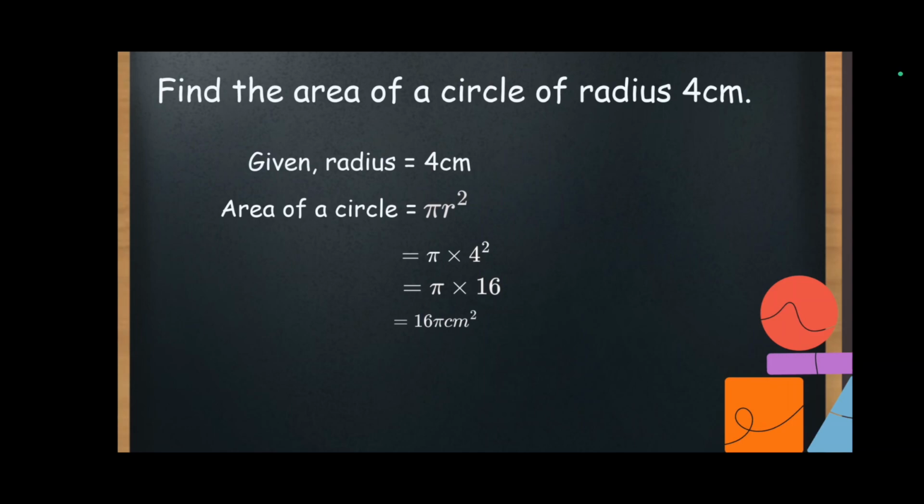Area is equal to pi r square. So we substitute the value. Area is equal to pi into 4 square. That is, area is equal to pi into 16. So the area of the circle is 16 pi square centimeters.